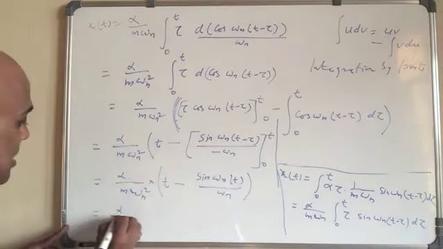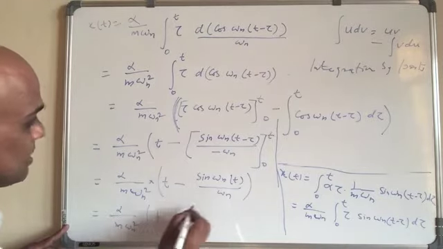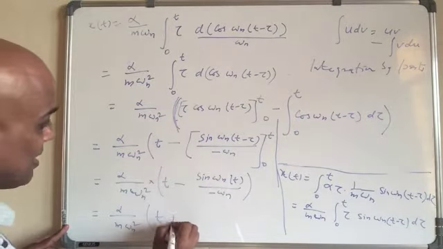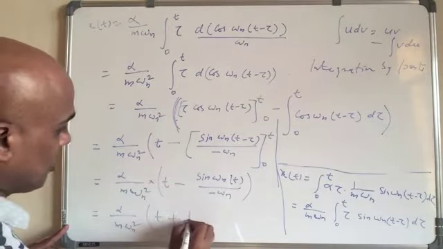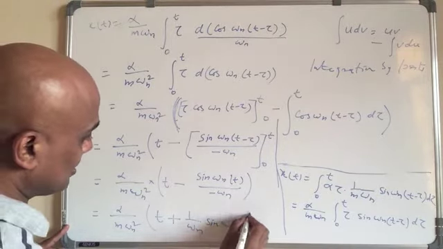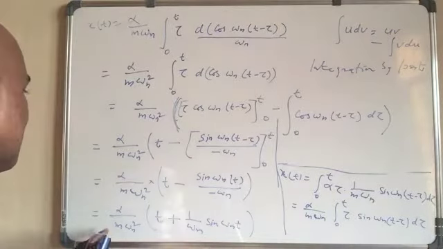So we get alpha over m omega n square times t minus, here we have minus, so minus minus plus 1 over omega n sine omega n t. So this is the solution we get.